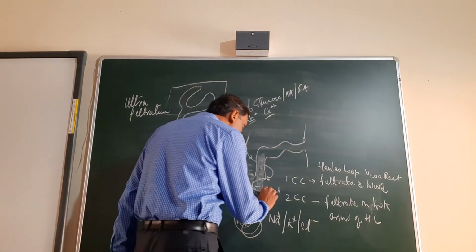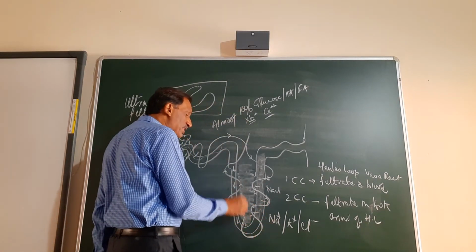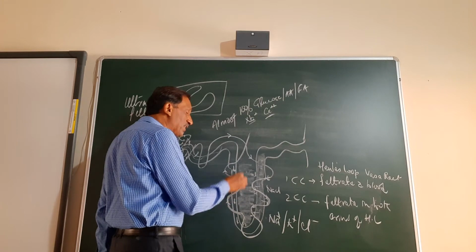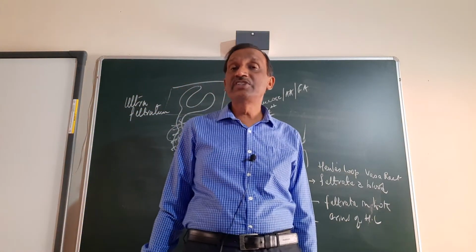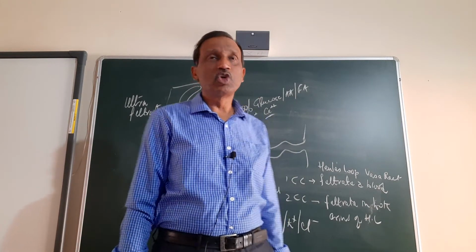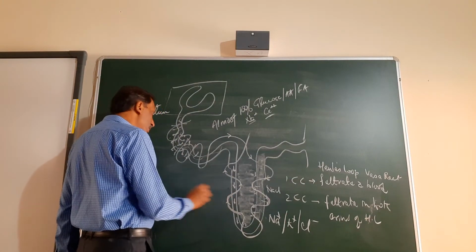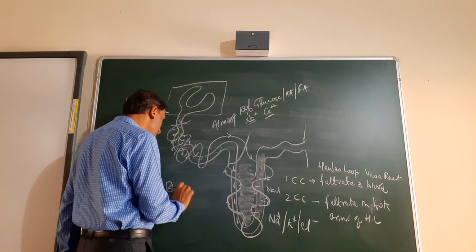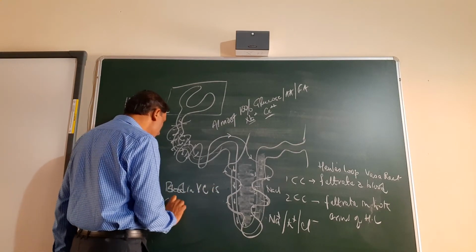Now the blood is flowing in the ascending direction while the filtrate is flowing in the descending direction. So what will happen? The blood in the vasa recti is concentrated.